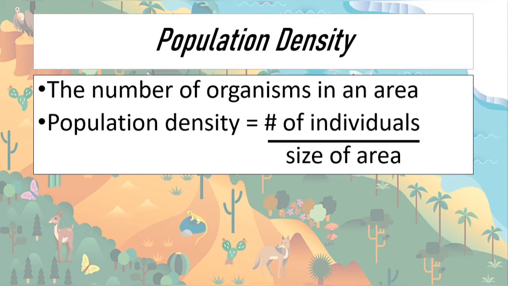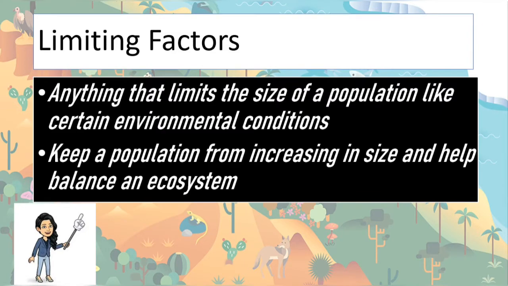Next, limiting factors. Anything that limits the size of a population, like certain environmental conditions, keeps a population from increasing in size and helps balance an ecosystem. Limiting factors are usually expressed as the lack of particular resources.